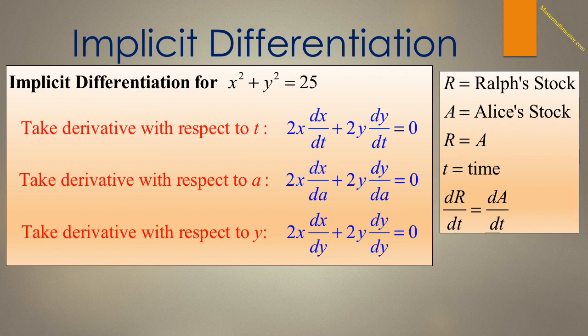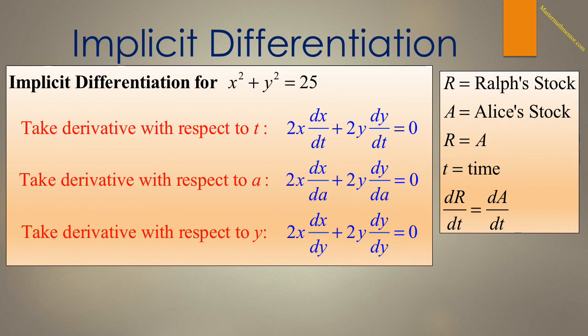This will be fully explained in Chapter 16 on related rates, but here's a brief explanation. Let's say two friends, Ralph and Alice, decide to invest in a stock. They buy the same number of shares of stock on the same day at the same time. Let R equal the value of Ralph's stock. Let A equal the value of Alice's stock.